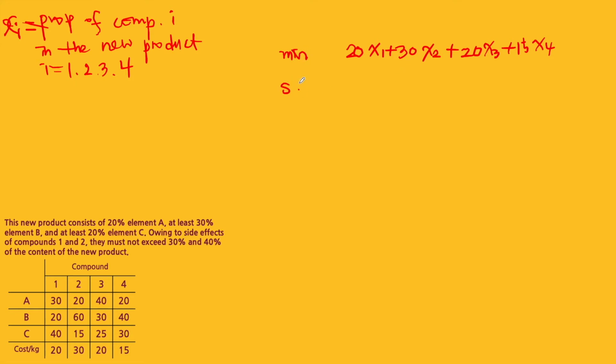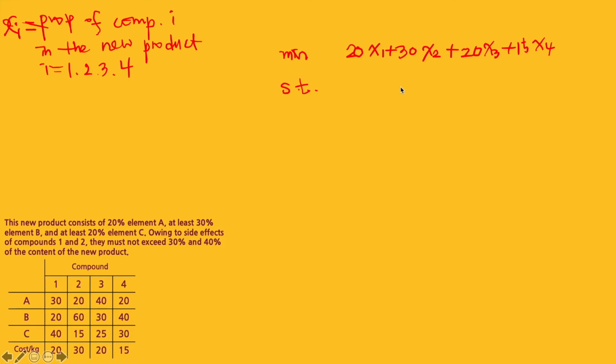And then we want to write down the constraints here. The first constraint is that the new product consists of 20% of element A, exactly 20%. This element A can come from compound 1, 2, 3, and 4.